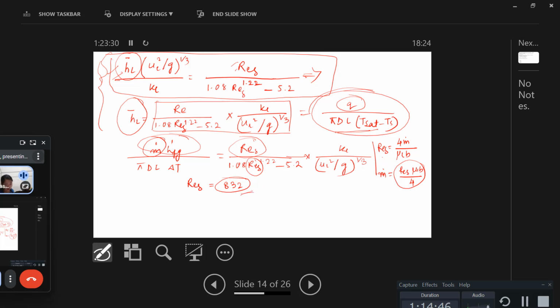So once we get this RE, we can substitute here and here. Then we can get the value of HL prime. Okay, HL prime will be equal to, if we substitute all these values, we get this value as 7127 watt per meter square Kelvin.